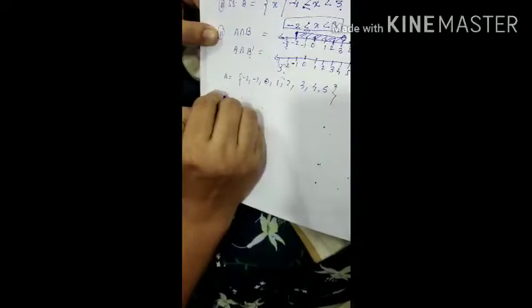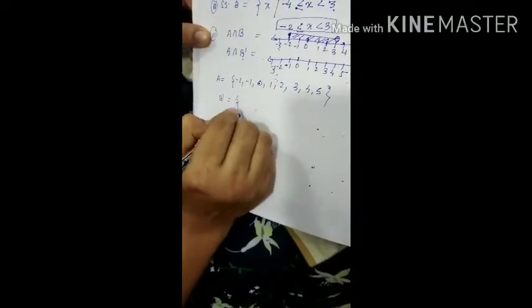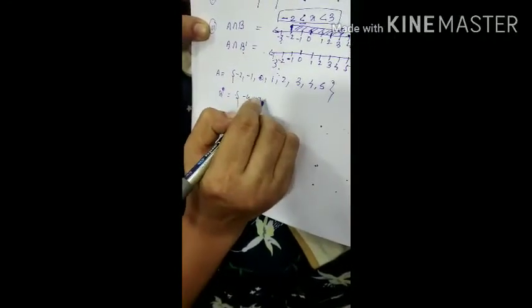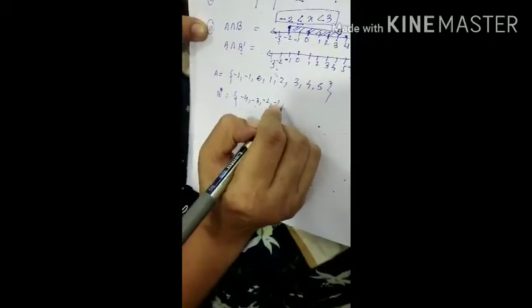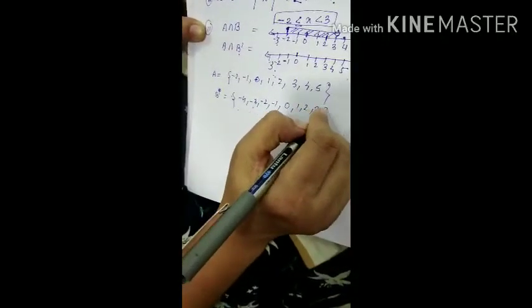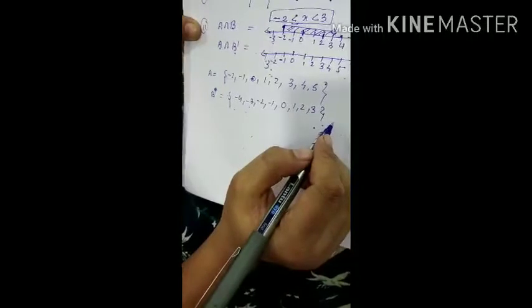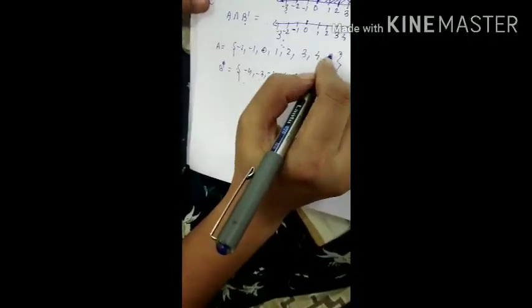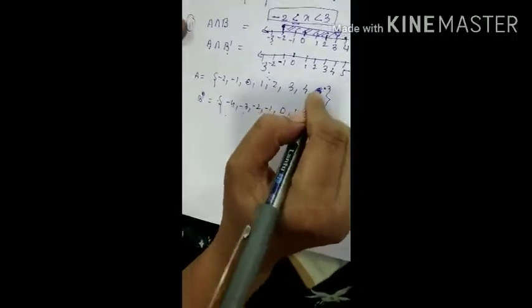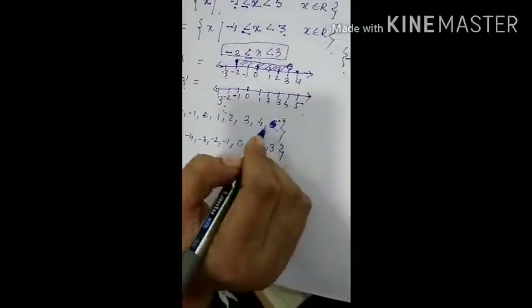And what is my B complement? B complement is the numbers which were not there. My B was these numbers: minus 4, minus 3, minus 2, minus 1, 0, 1, 2, 3. Now which are the numbers which are not here? The number is actually 4. My solution is not including 5, it is only 4.